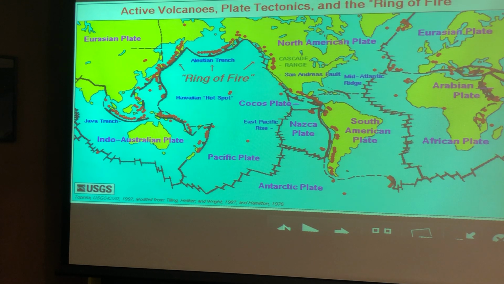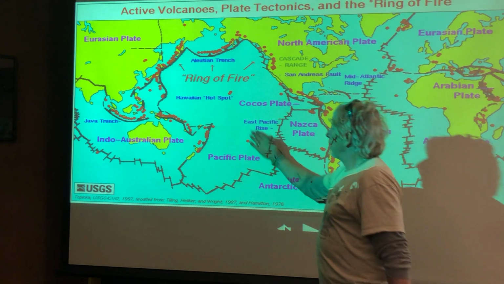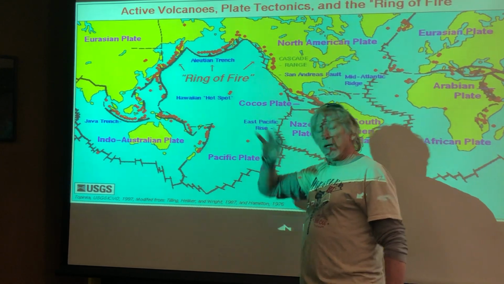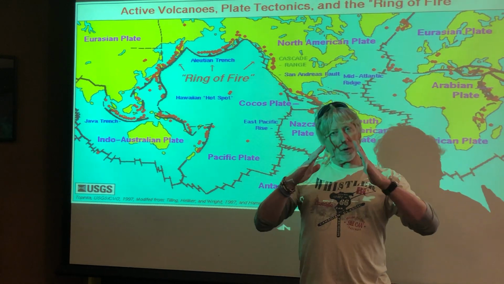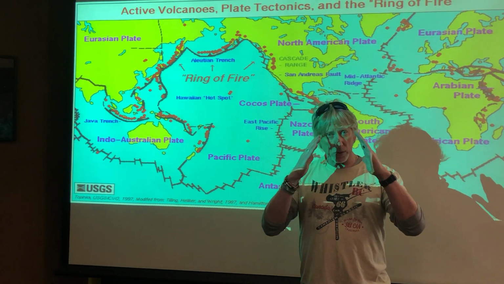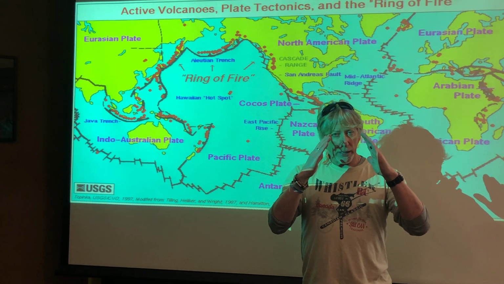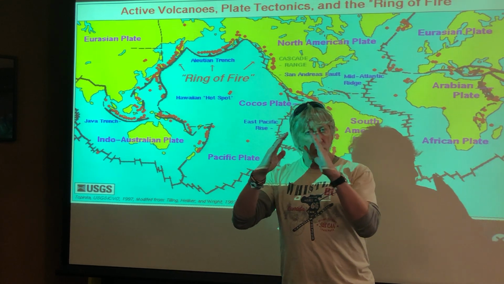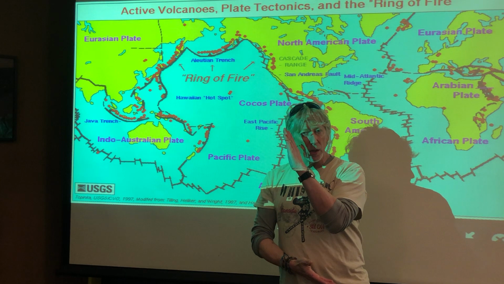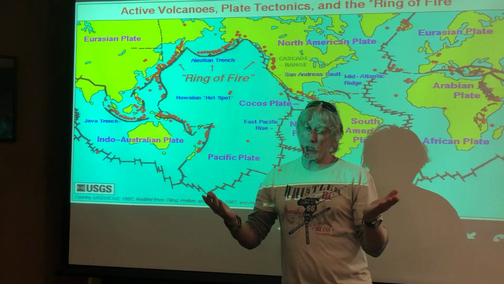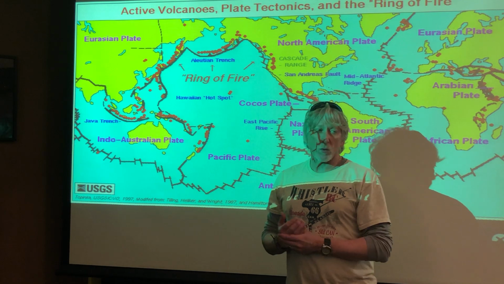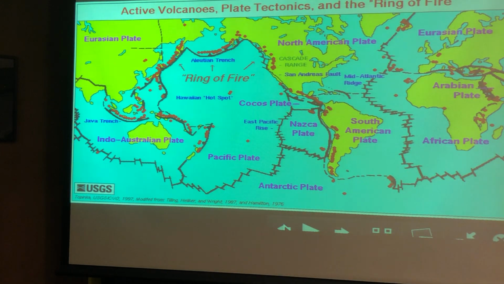But again, you can have hot stuff come up in softer areas of the plate. In fact, the plates move. And so if you've got a volcano, because there was a hot spot underneath it, and the plate moves, the volcano is no longer over the hot spot, and then that volcano is dormant. Some are still active, they go off, right?